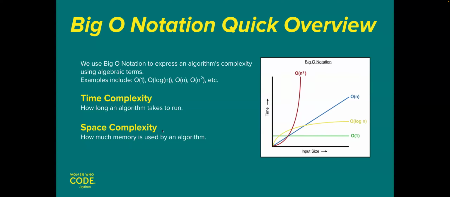And space complexity means how much memory is going to be used by a specific algorithm. When we have variables or lists or anything, that adds up to your space complexity. So this is just a quick overview.